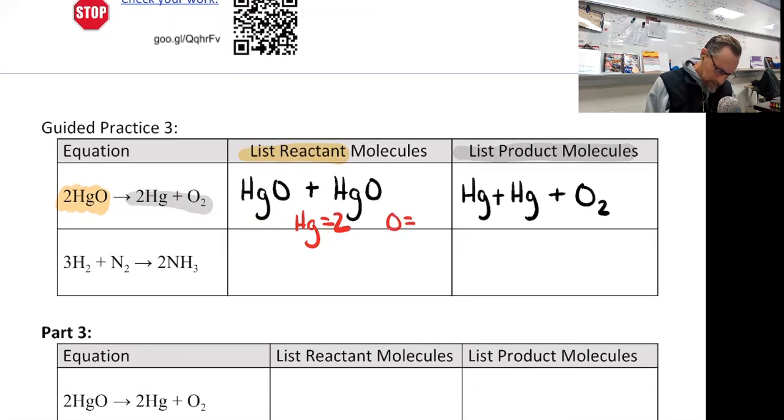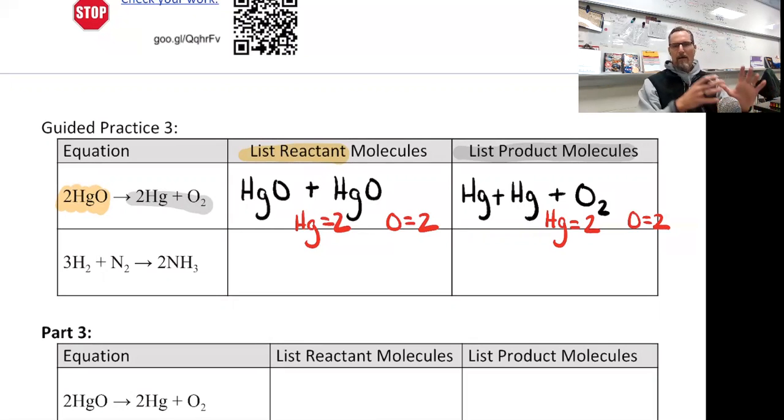My oxygen, there are 2 of those over here. And the same thing on my product side. Hg, there are 2, and my oxygen, there are 2. Now, I'm not asking you to double check that right now, but that's a good idea to start thinking about when we look at the number of molecules on the reactant side and the number of molecules on the product side.